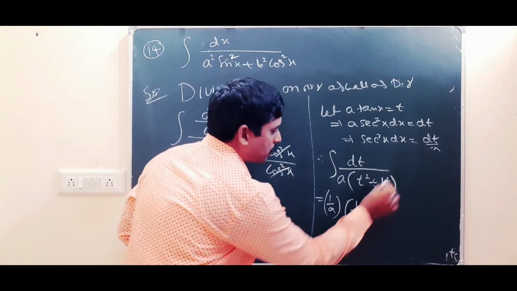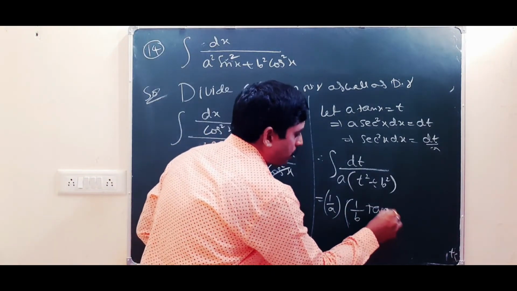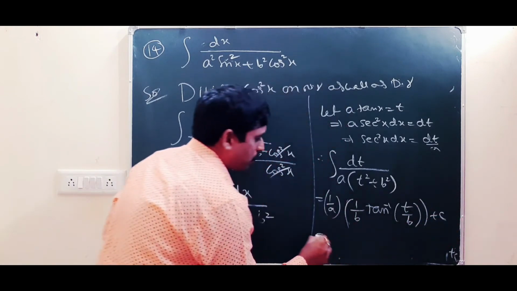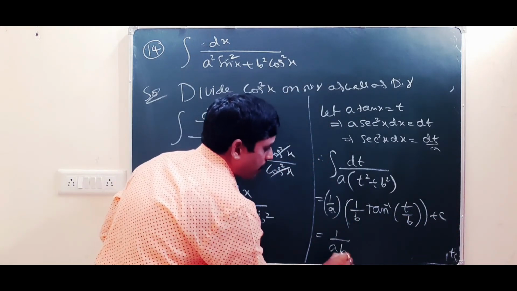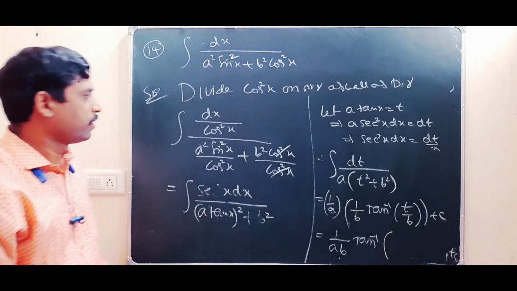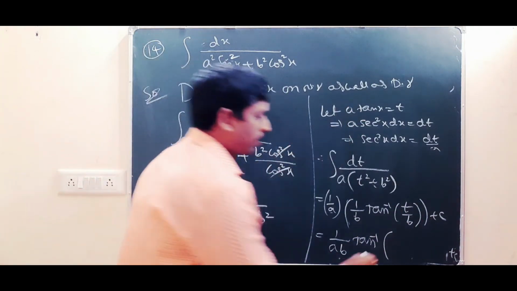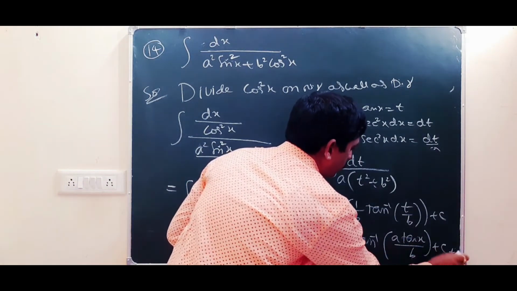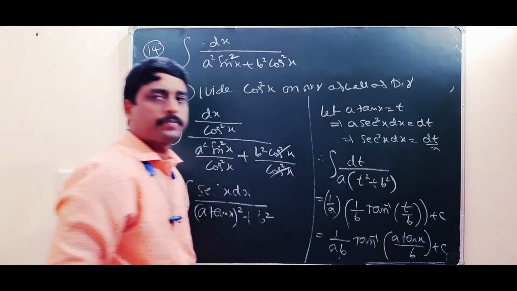So 1 by a constant, 1 by b tan inverse of t by b. What is the answer? 1 by ab tan inverse of, in the place of t, we should write a tan x, a tan x by b plus c. This is the answer.